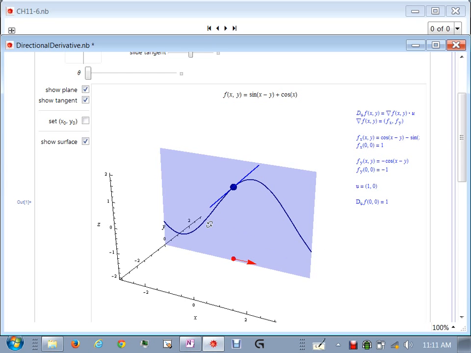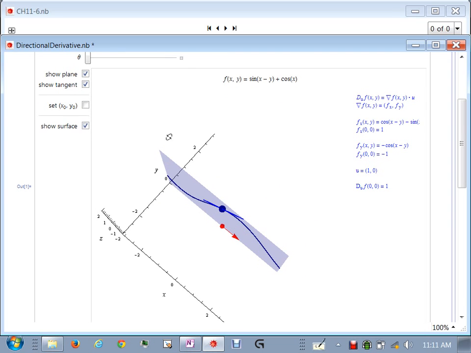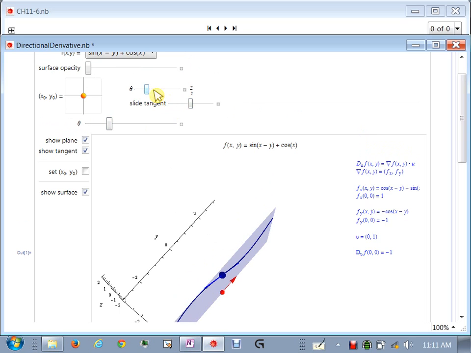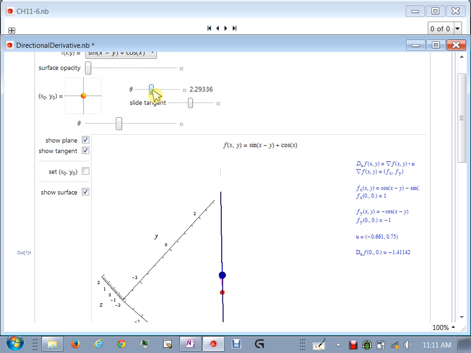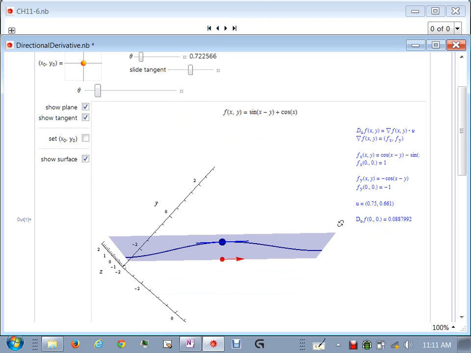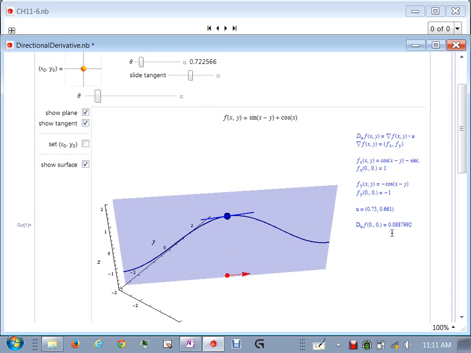Today, we are not going to necessarily have to point parallel to the x-axis or parallel to the y-axis. We are now going to point in any direction we want. So if I go and slide this around now and turn it, I can go in any direction, right? So what would be the slope there? Well, it looks like in that direction it's really small, right?